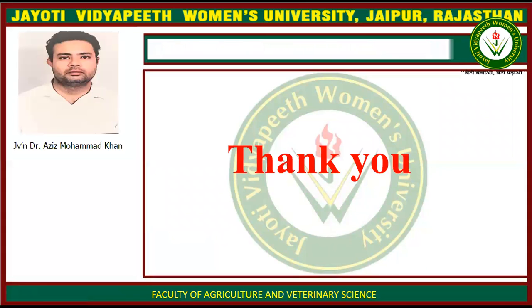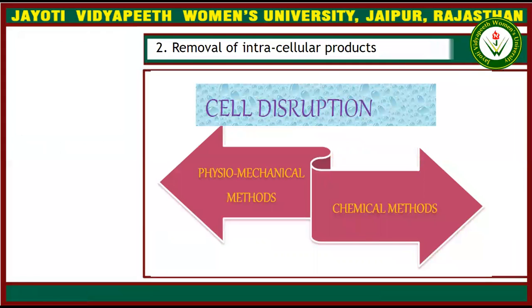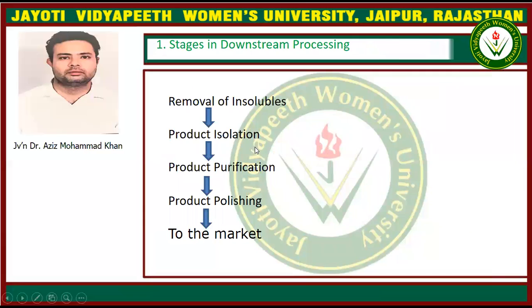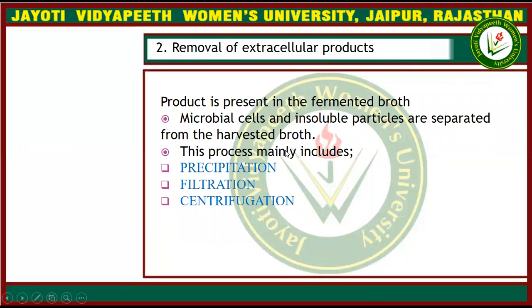So these are the various strategies for the purification of products using downstream processing. First we remove the insolubles and isolate the products, and after isolation we select the extracellular products, and after purification of these extracellular products we go to the intracellular products.